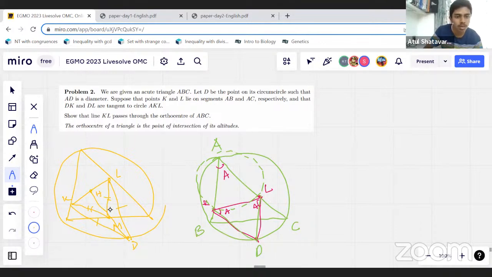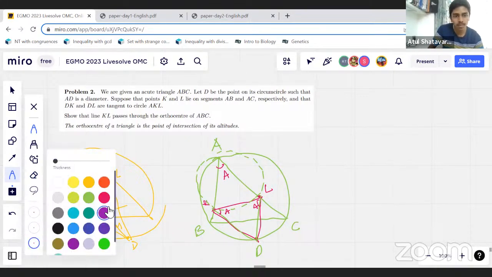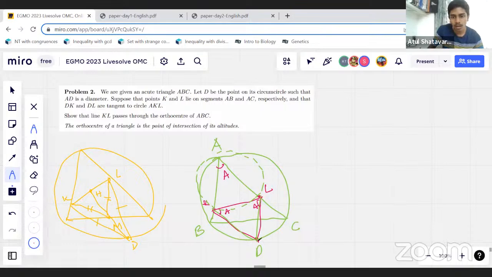Okay, how did we prove this problem? We had the 90 degree. Can we do that here? We have angle DCA is 90, angle DBA is 90. So this is isosceles. So let's just drop the foot. This is supposed to be our orthocenter, right?